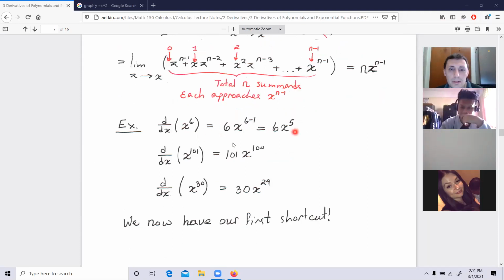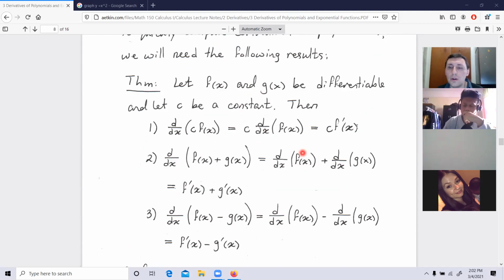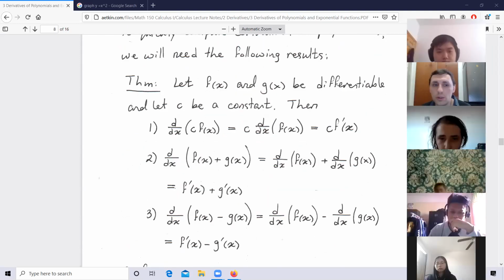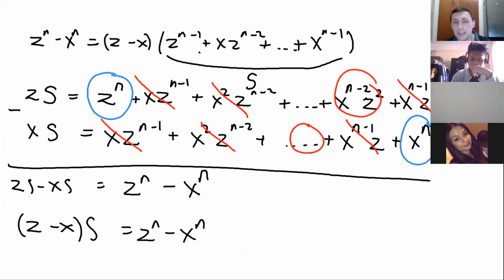Here is what happens. You see that, guys? We figured out how to take those derivatives. Now, we are going to learn some further shortcuts. Let's try to see what you imagine those to be before I even explain them. Let's see if you can guess, guys.